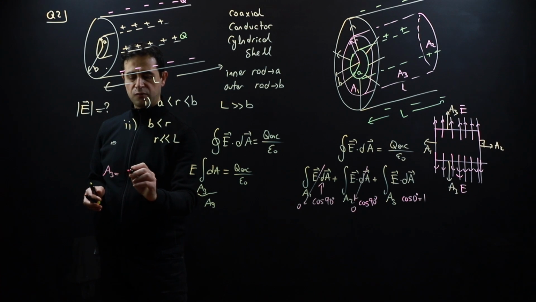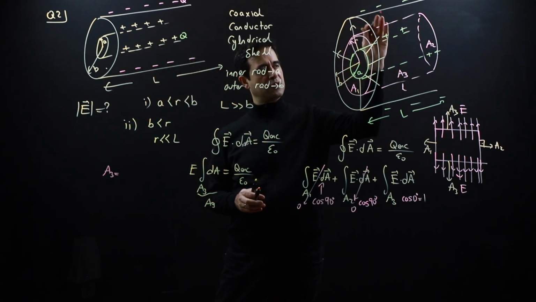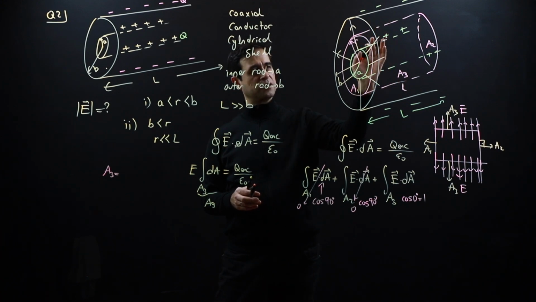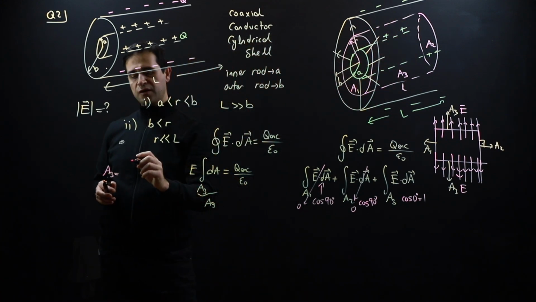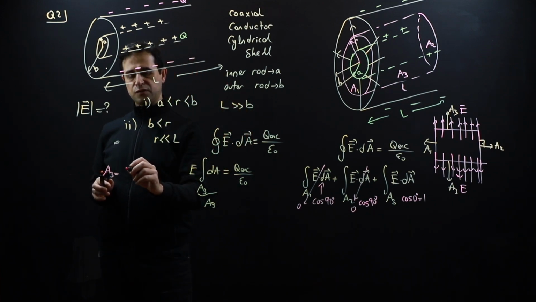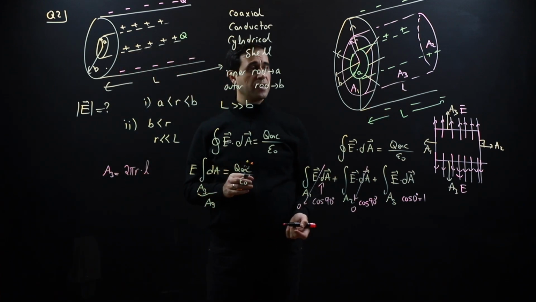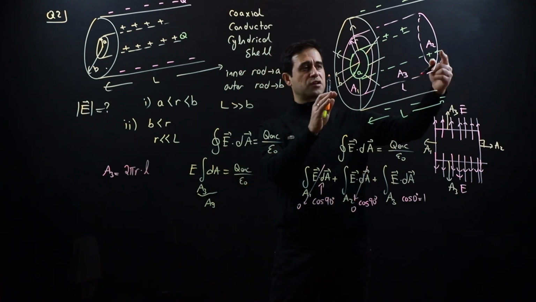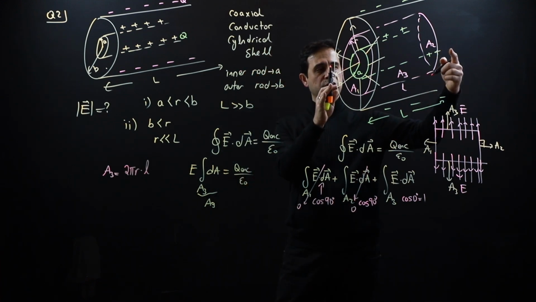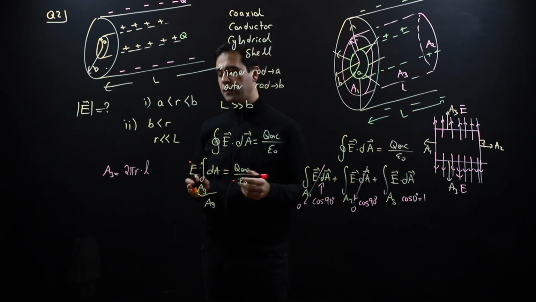A3 is the area. Remember that the lateral part is the circumference of the circle times the length, right? That's the area of the side part of a cylinder, so that's 2 pi r, the circumference, times the length, small l. That's A3. And what about the charge? Assuming that the total charge is Q, where the length is capital L, this is some portion of that, small l.